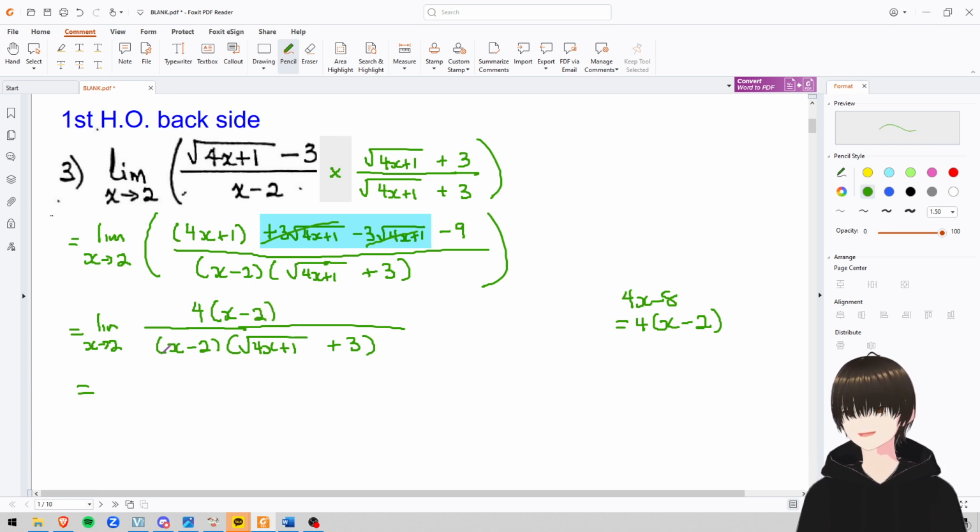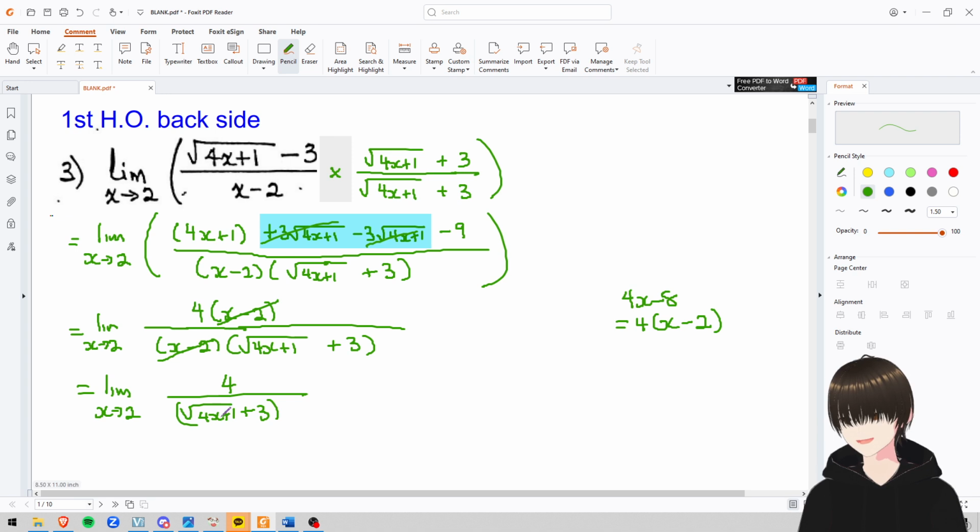And you know why I did that. I can effectively remove the indeterminate form. 0 over 0 has been effectively divided out. I am left with a limit of 4 over the root of 4x plus 1 plus 3 as x approaches 2. And if I plug in the 2, I don't get 0 over 0.